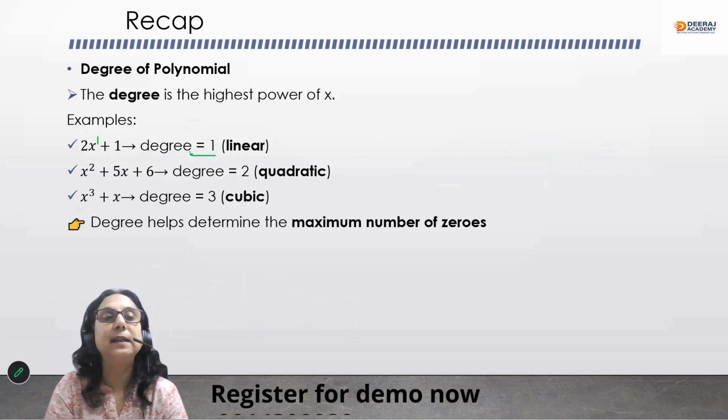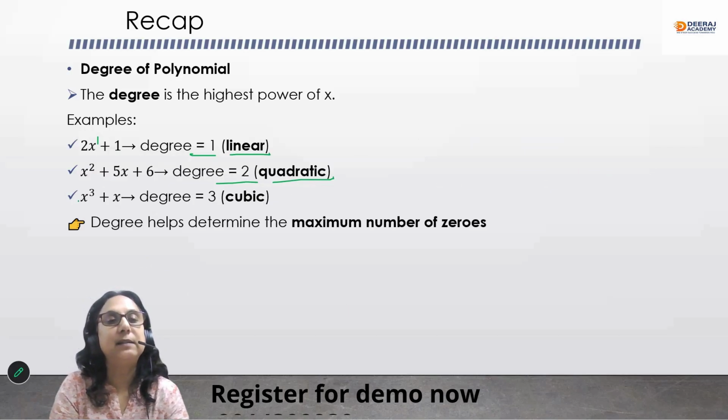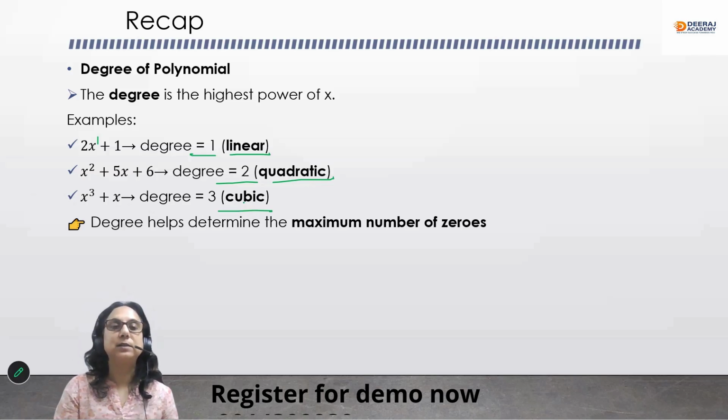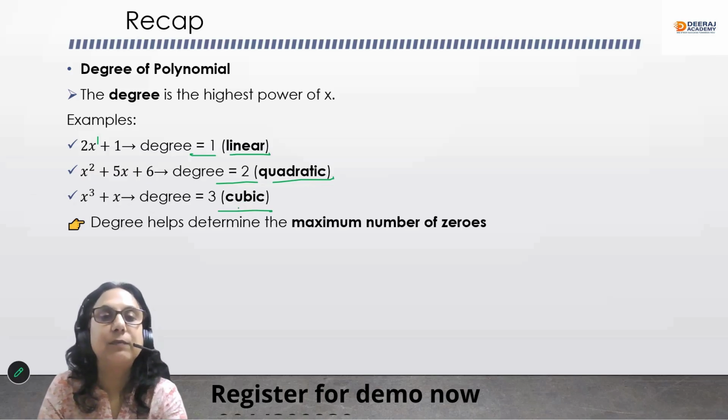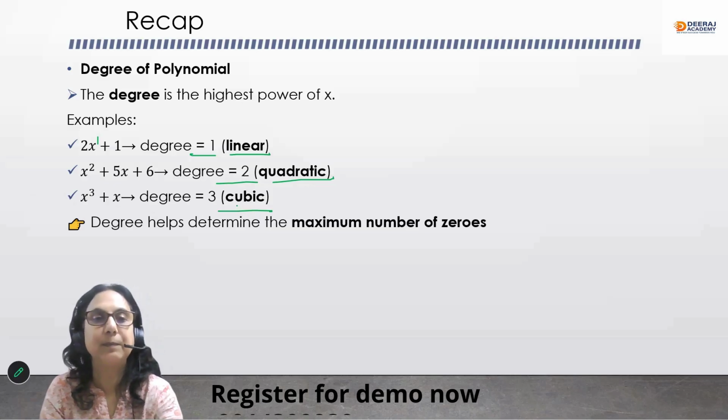When the degree is 1, we call it a linear polynomial. When the degree is 2, a quadratic polynomial. When the degree is 3, a cubic polynomial. After that we call them 4th degree, 5th degree polynomials and so on.